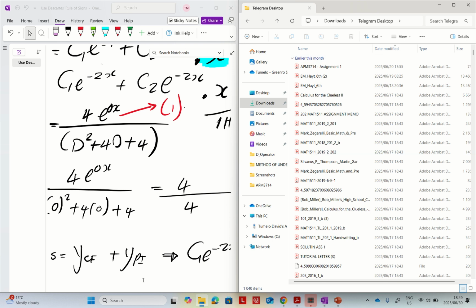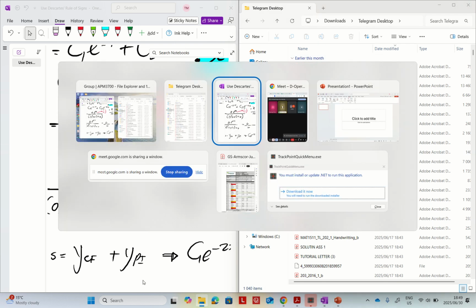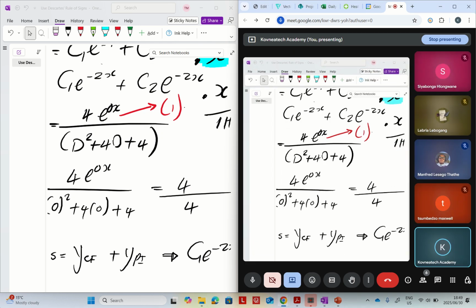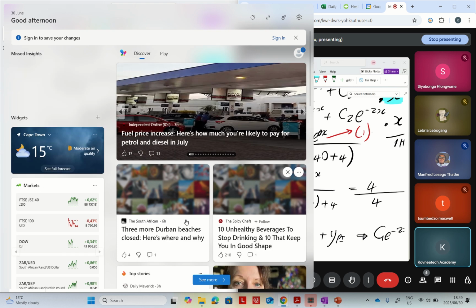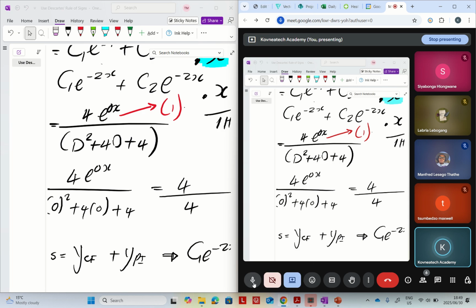I was presenting only the window, so let me present the whole screen so that it can show you the study guide and also what I'm doing currently, where I'm writing.